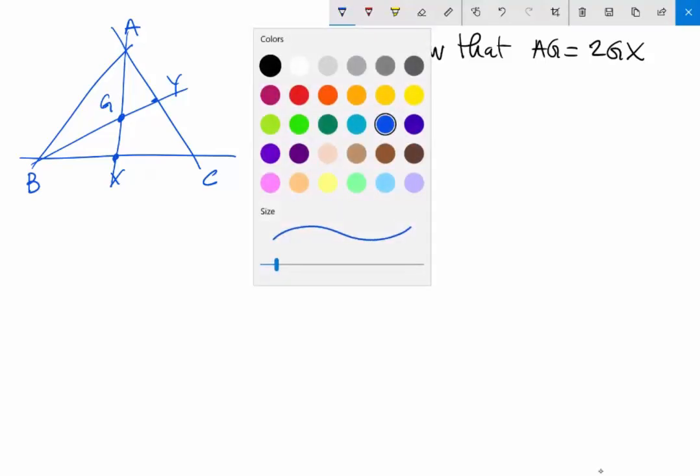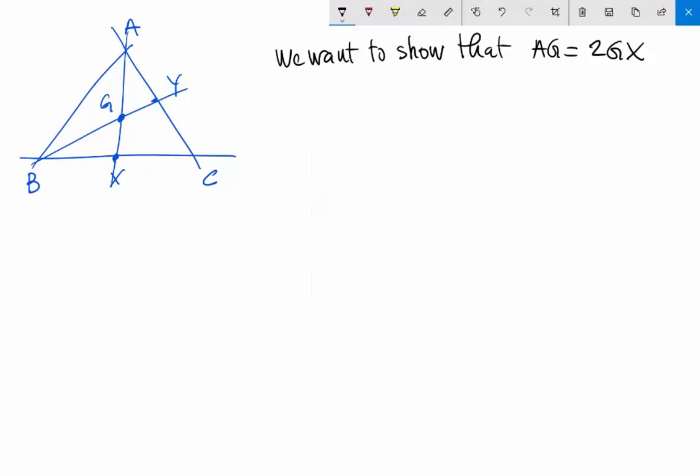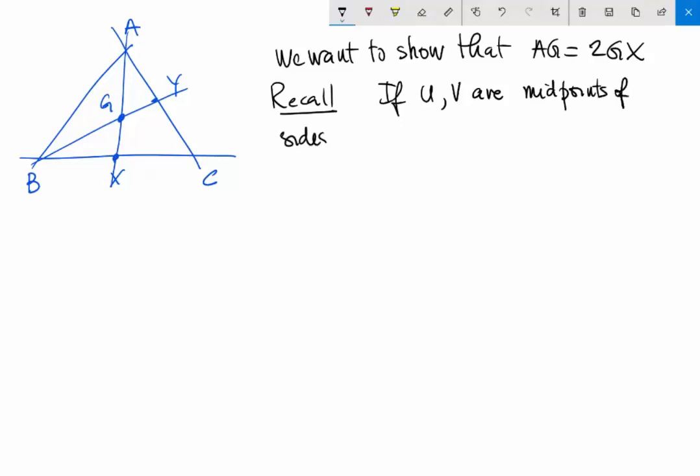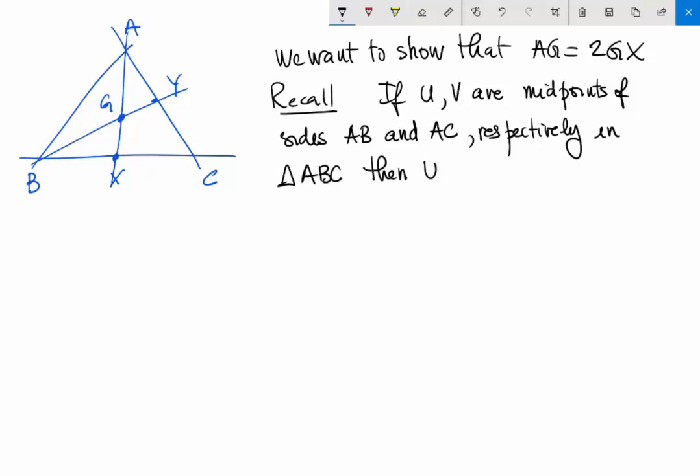Now, remember that there is a result which says the following: if U and V are midpoints of sides AB and AC respectively in some triangle ABC, then UV must be parallel to BC.